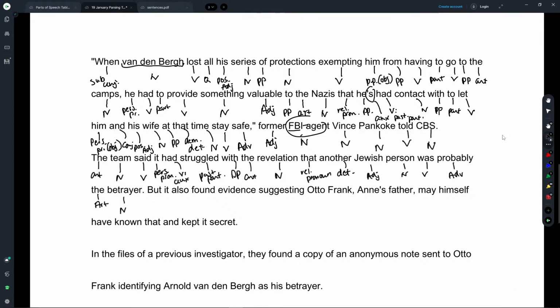So there's an interesting construction: a Jewish person was the betrayer. "Was" is again a copula, because it combines the betrayer and Jewish person. But is our conjunction. It, personal pronoun. Also, adverb.